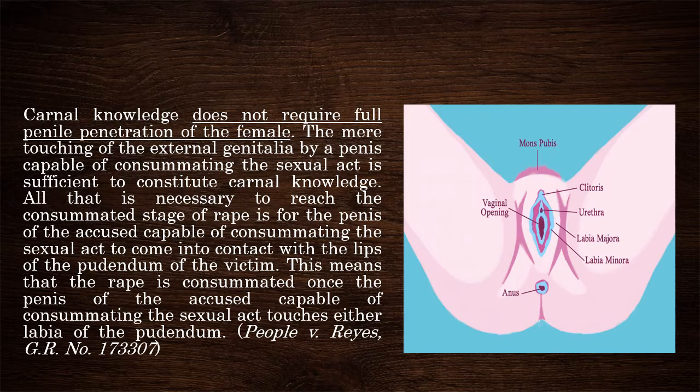All that is necessary to reach the consummated stage of rape is for the penis of the accused capable of consummating the sexual act to come into contact with the lips of the pudendum of the victim. This means that the rape is consummated once the penis of the accused capable of consummating the sexual act touches either labia of the pudendum, as ruled in the case of People versus Reyes.